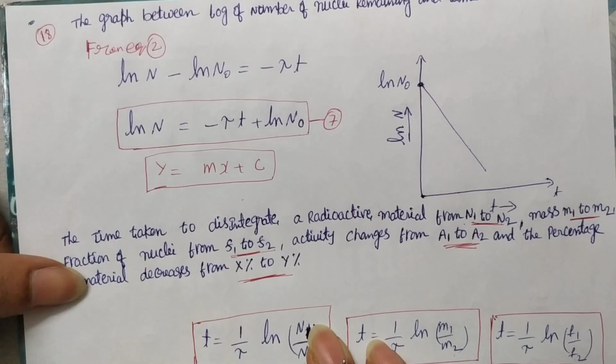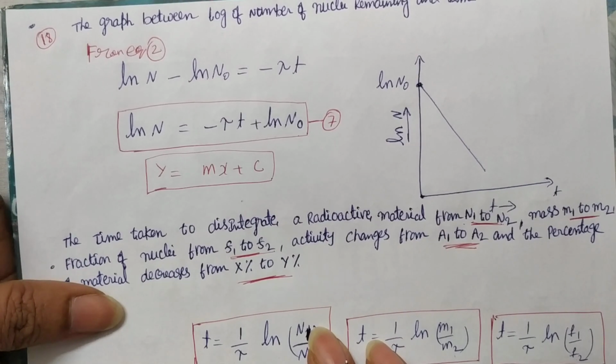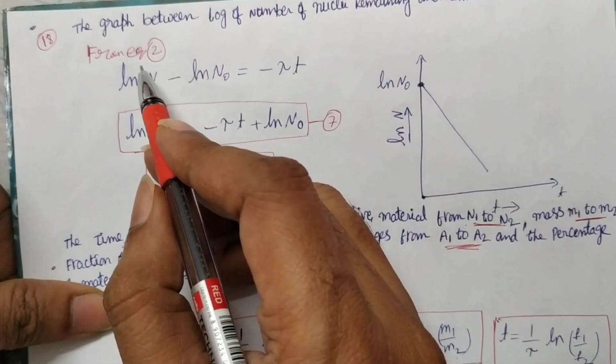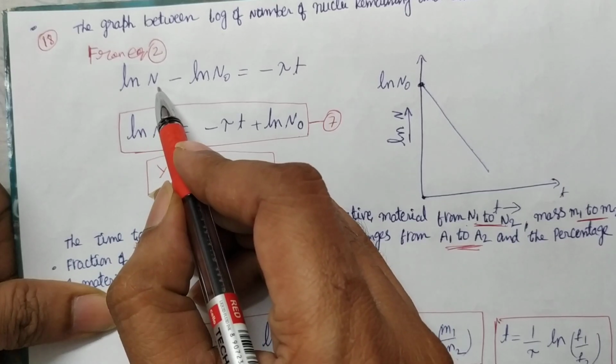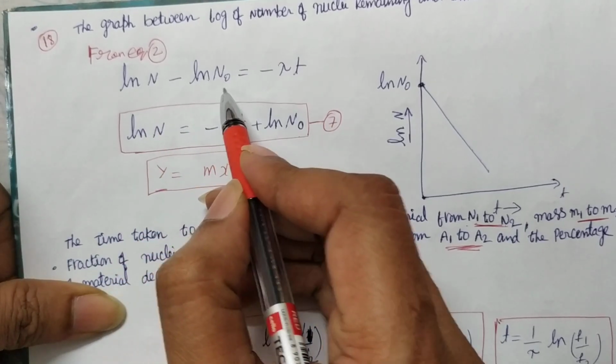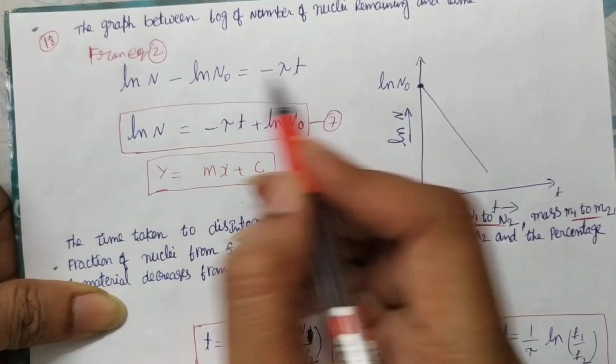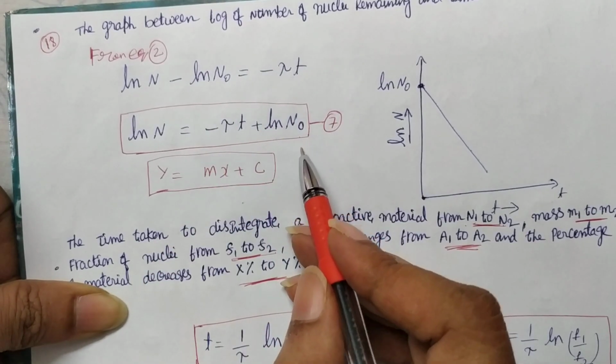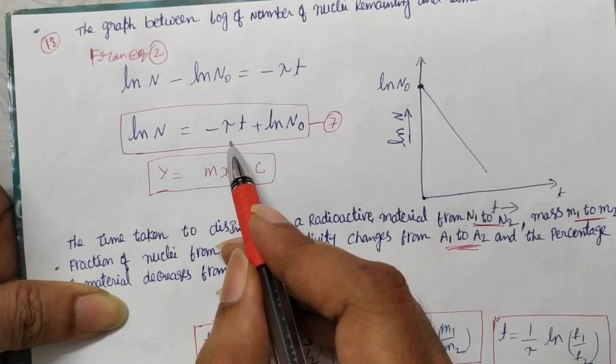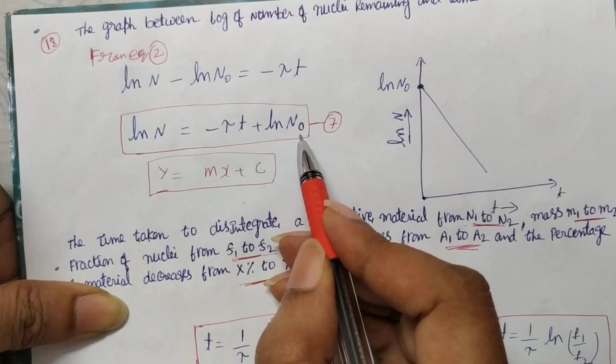Suppose you take the log of the number of nuclei remaining. For example, the equation is log N minus log N naught equals minus lambda t. Sending log N naught to the other side, log N is equal to minus lambda t plus log N naught.